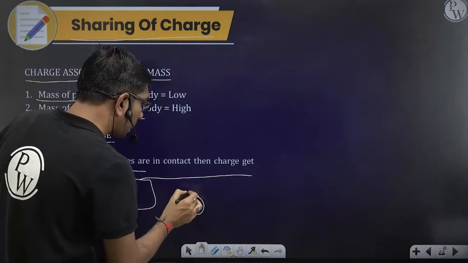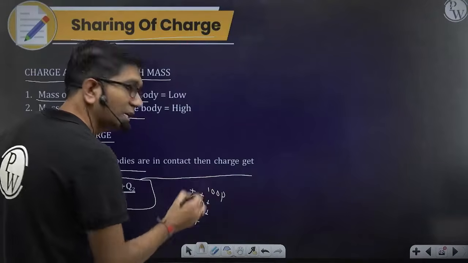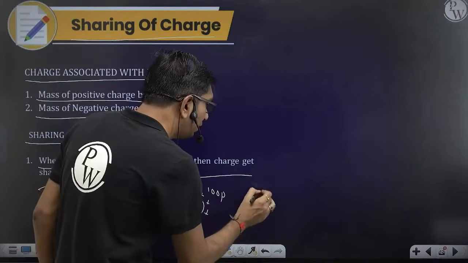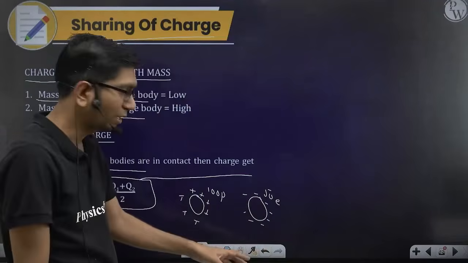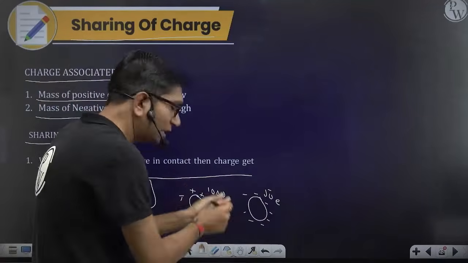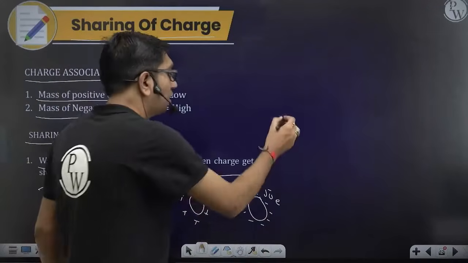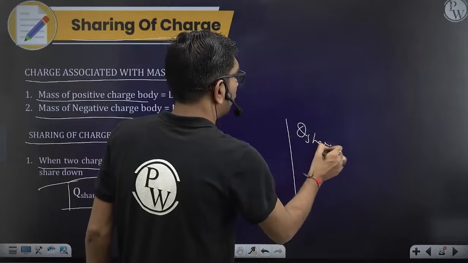See here. Let us assume 100 protons on this charged body and 50 electrons on this body. When these two are made to contact and then separated, what is the charge shared in the two bodies? The formula is Q1 plus Q2 by 2.